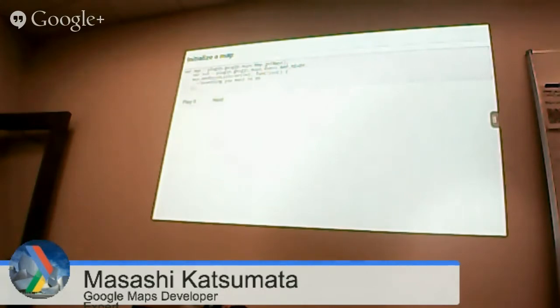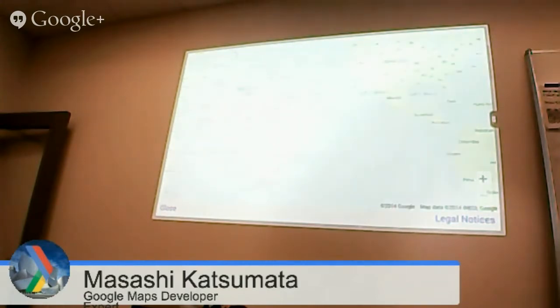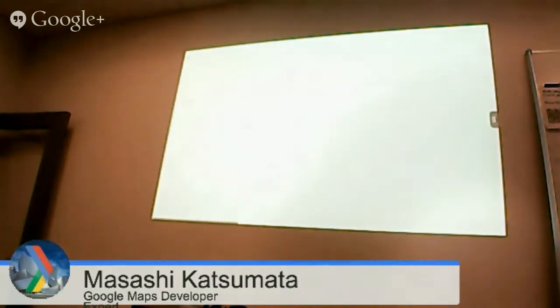So initializing the map is like this. It's really smooth. And for adding a marker with an icon, you just specify a file path for the icon, or you can specify an HTTP URL.